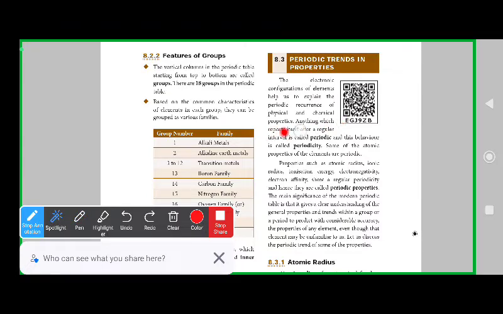Anything which repeats itself after a regular interval is called periodic, and this behavior is called periodicity. So what are the periodic properties? Atomic radius, ionic radius, ionization energy, electronegativity, electron affinity. They show regular periodicity and hence they are called periodic properties.